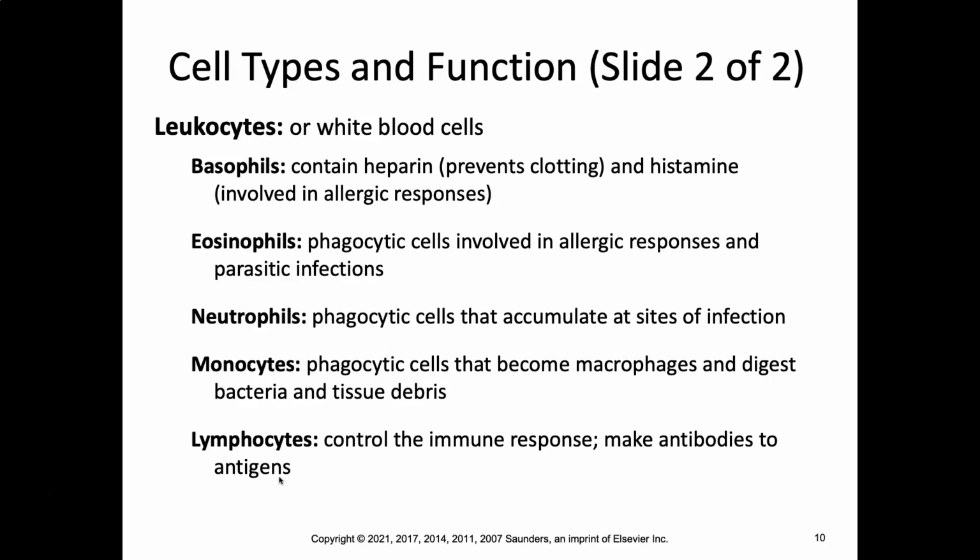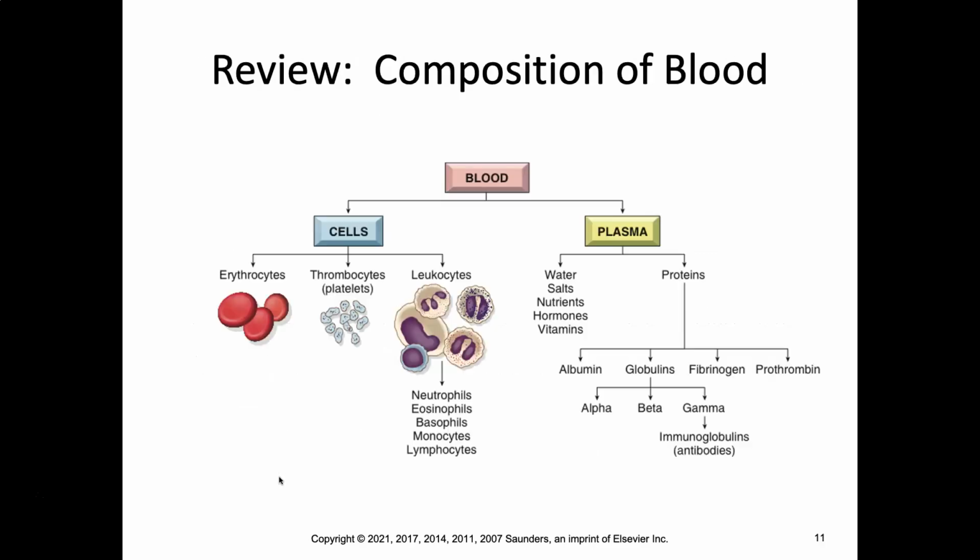And then lymphocytes control the immune response and make antibodies to antigens. This is a helpful visual to show you the blood. You have the 3 types of cells, and the leukocytes break down into those 5 that we just talked about on the last slide, and then your plasma, what all it has in it.